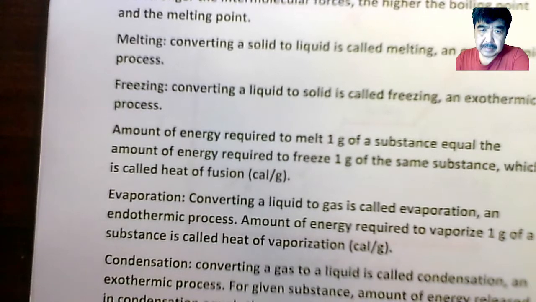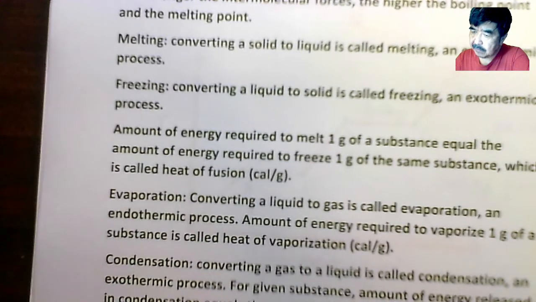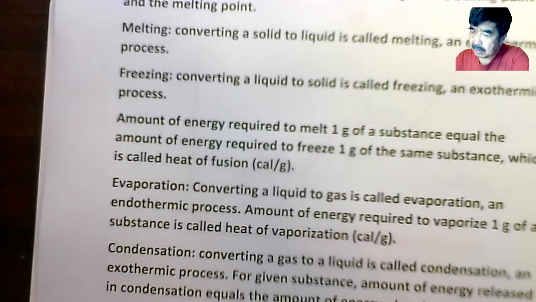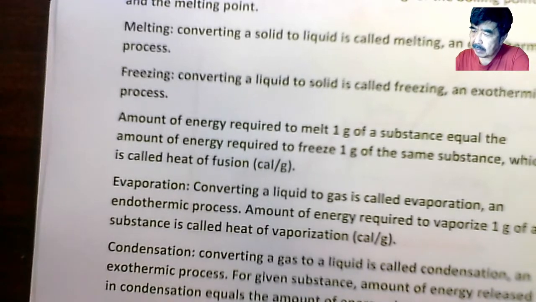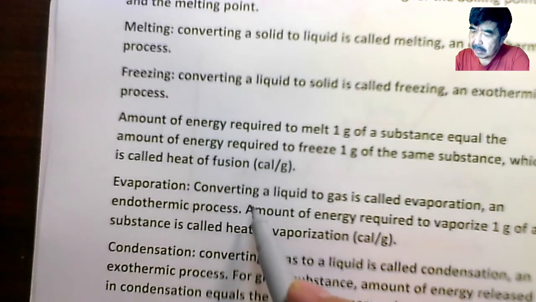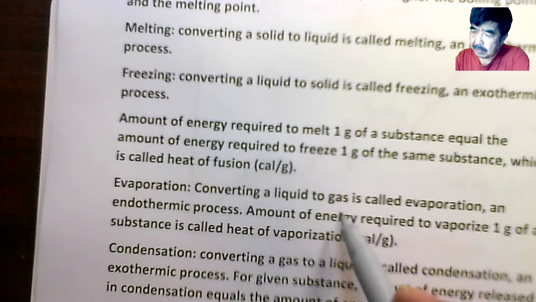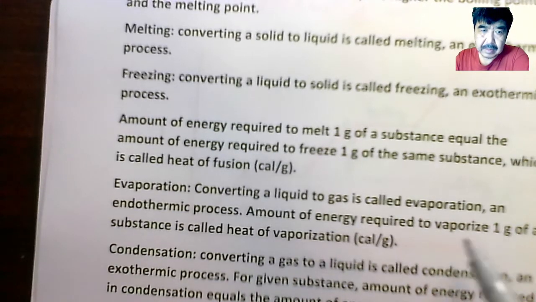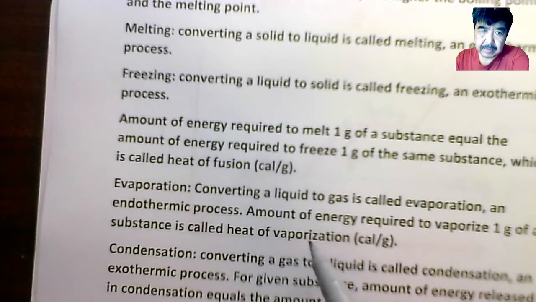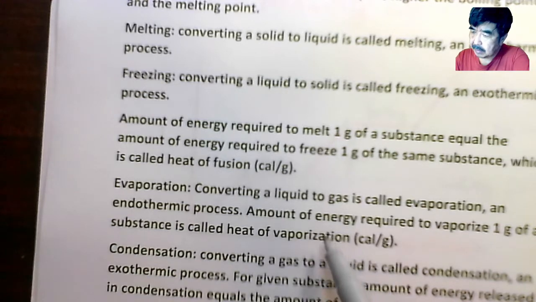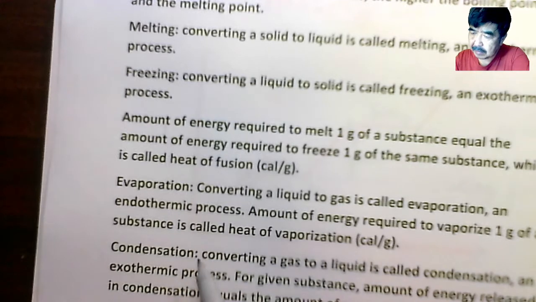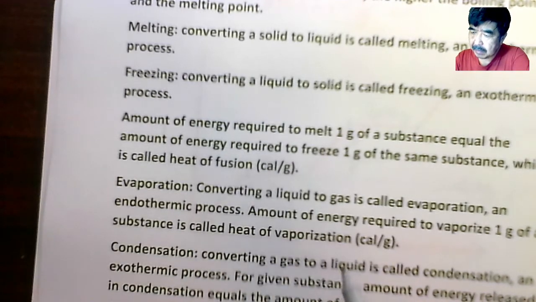Let's take a look at evaporation. Evaporation is the process converting a liquid to gas. It's an endothermic process. The amount of energy required to vaporize 1 gram of substance is called heat of vaporization. Also it has the unit of calories per gram of substance.